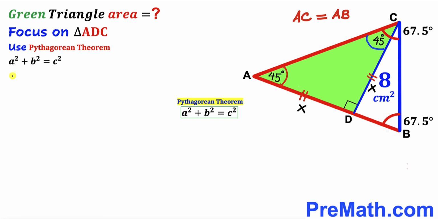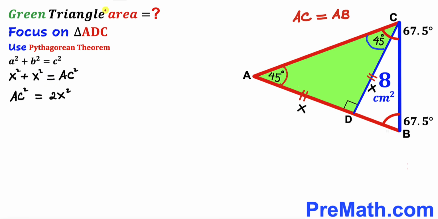Let's go ahead and fill in the blanks. We got x square plus likewise x square is equal to AC square. And now I'm going to undo this square by taking a square root on both sides. And here we can see our side AC length simply turns out to be positive x times the square root of 2.